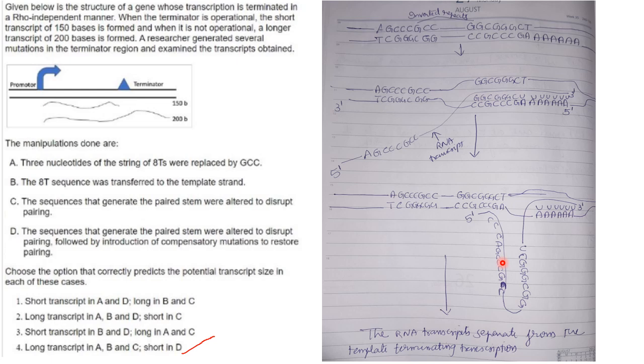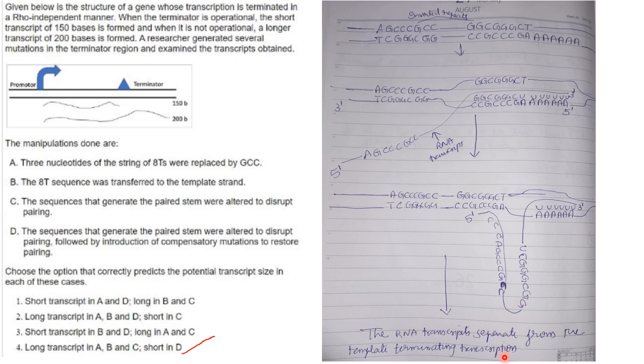Poly-U and the hairpin loop destabilize the RNA-DNA pairing, and the RNA transcript separates from the template, terminating transcription. This is what happens in rho-independent termination.